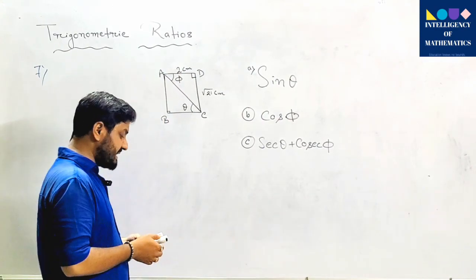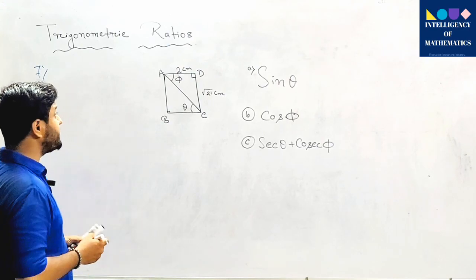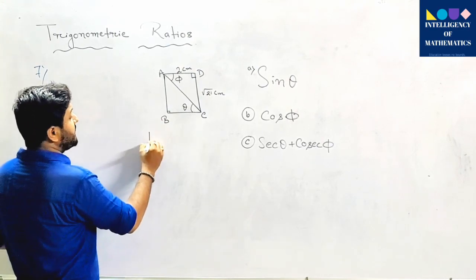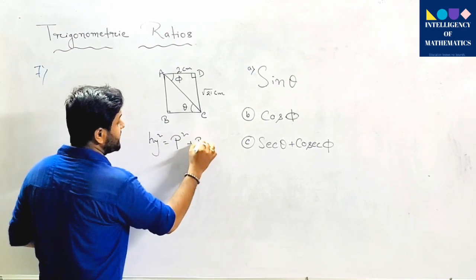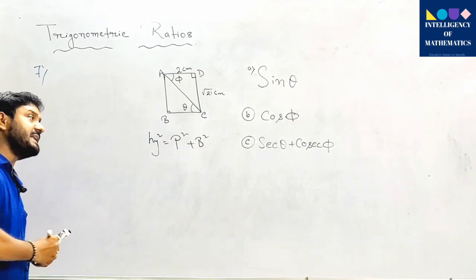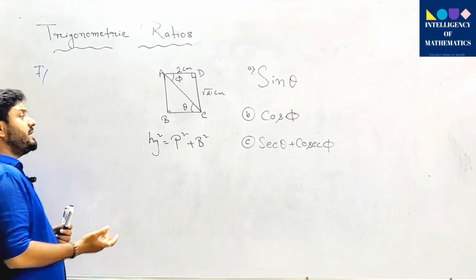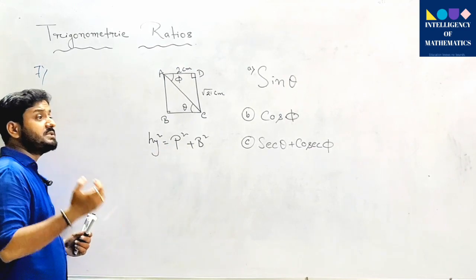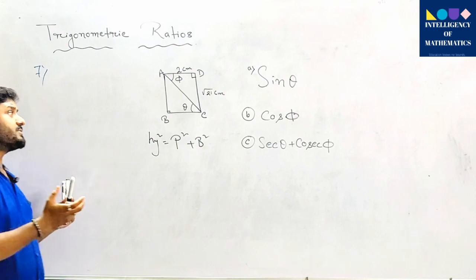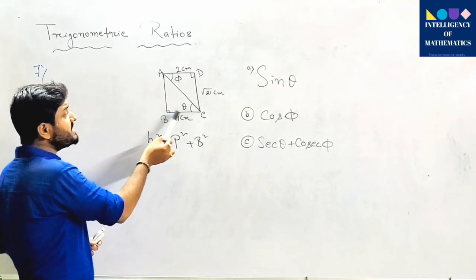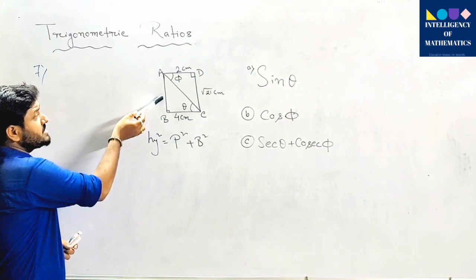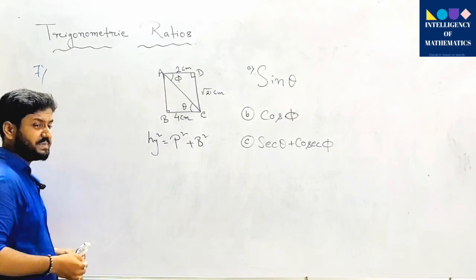We know what the Pythagoras theorem is: hypotenuse square is equal to perpendicular square plus base square. And in the last video I told you if base and perpendicular are not recognized, at that time also we can use it by using their side names. In triangle ABC, this side is also missing, and obviously this is missing.